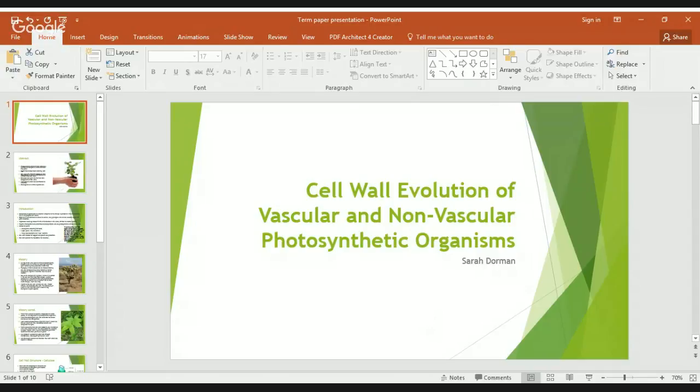So they developed lignified cell walls, also cuticles and stomata. The cuticle is the waxy covering of the leaf, and the stomata is the opening underneath the leaf that allows carbon dioxide and air exchange. If the stomata is open too much, water loss can occur and kill the plant.